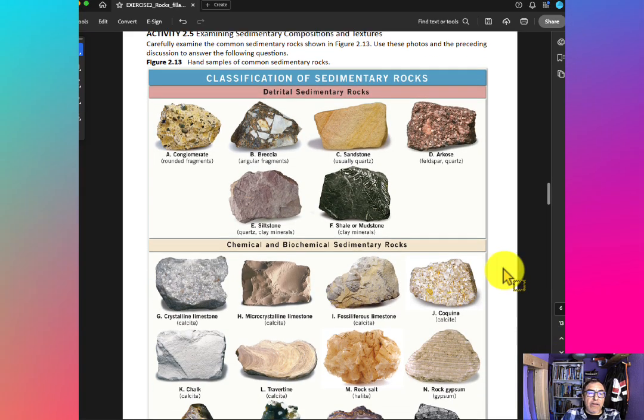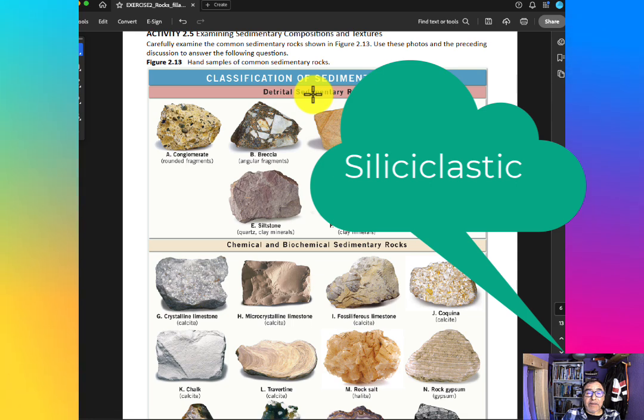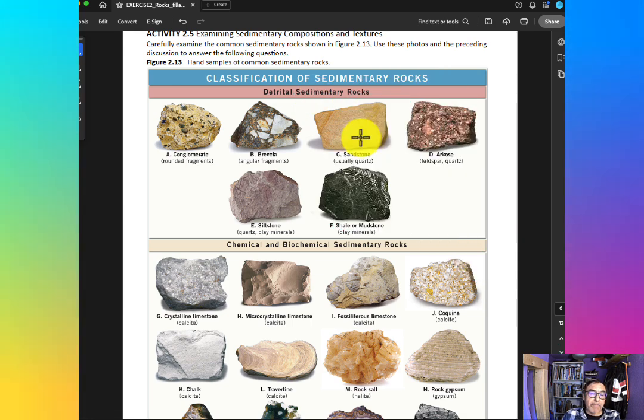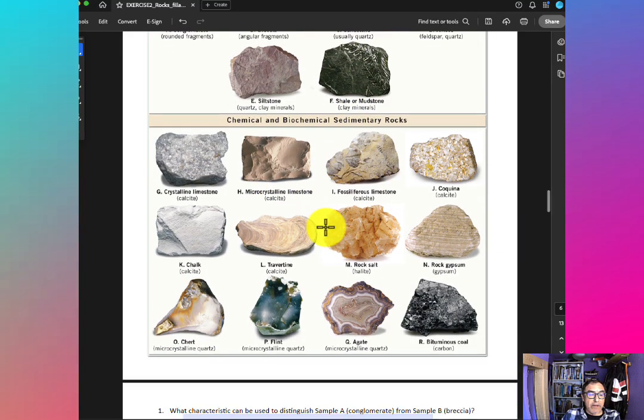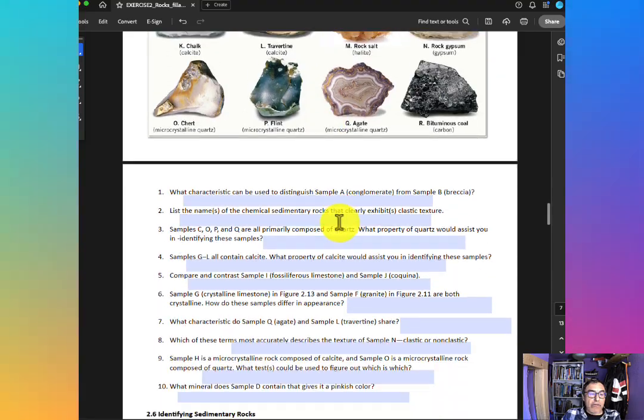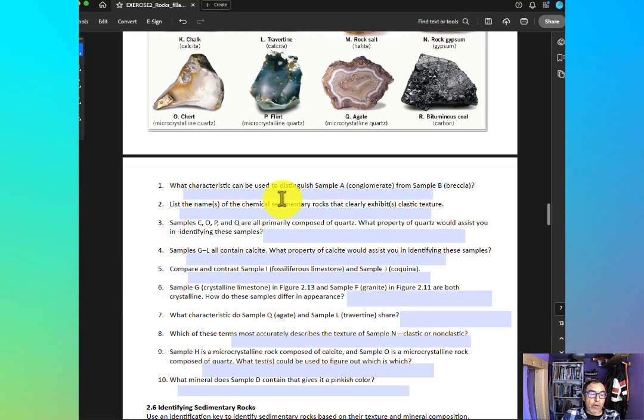There's the detrital. Remember, I call these siliciclastic because they're mostly broken silicate minerals. Remember, clastic is broken. And then there's the chemical or biochemical, right? So there's a variety of different sedimentary rocks in here. As we go through here, use the pictures to answer these questions.